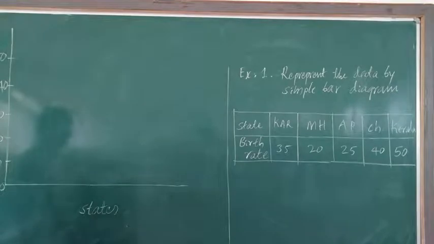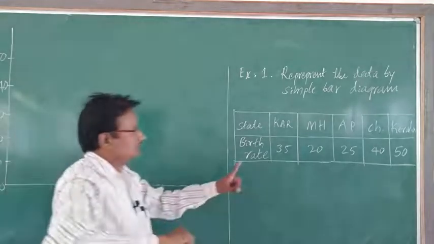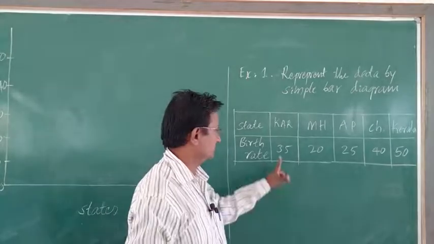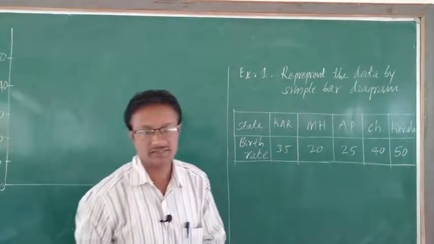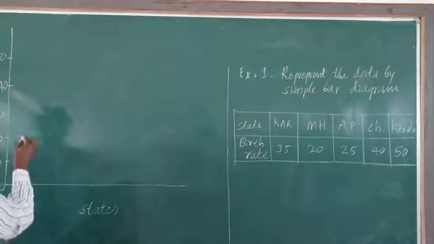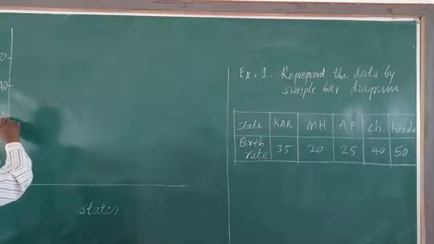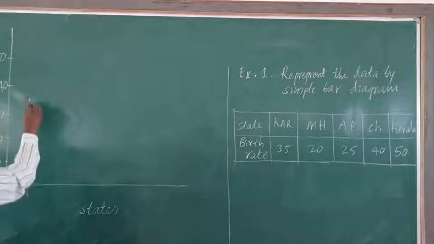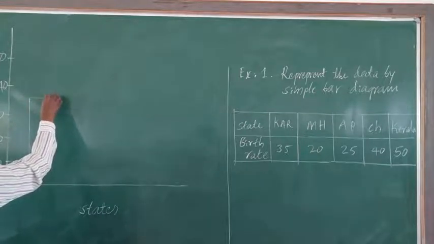First in data, the birth rate is 35 corresponding to the state Karnataka. So for 35, between 30 and 40 there is 35. So we are drawing first bar for the state Karnataka.